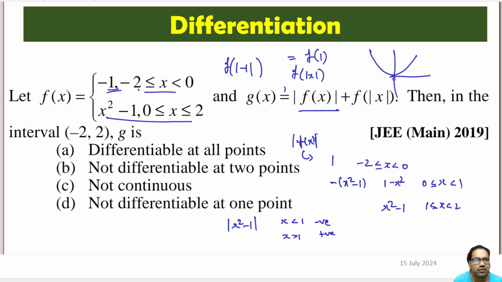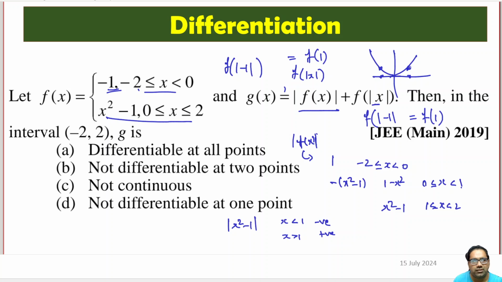Whatever the value at 1 is, we will take the same value at minus 1 also. F of absolute value of minus 1 means f of 1.